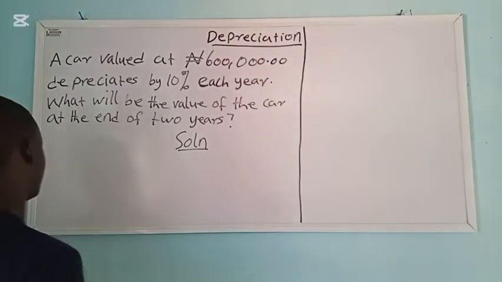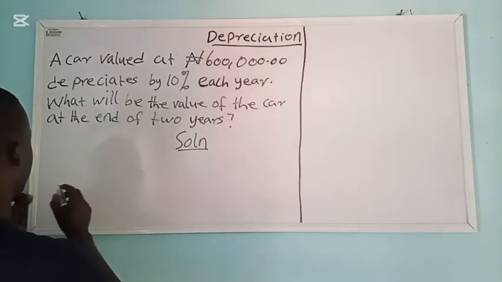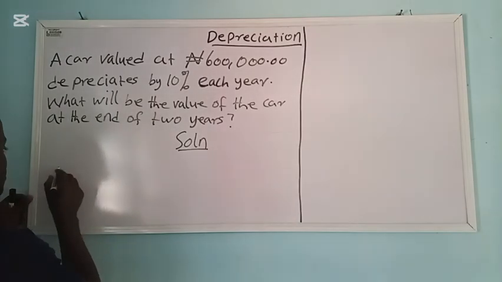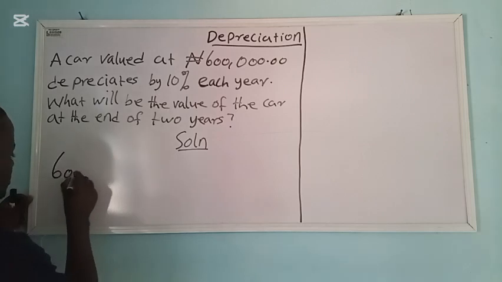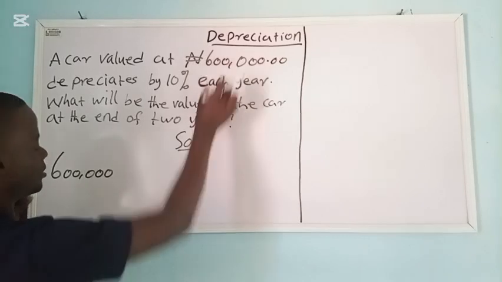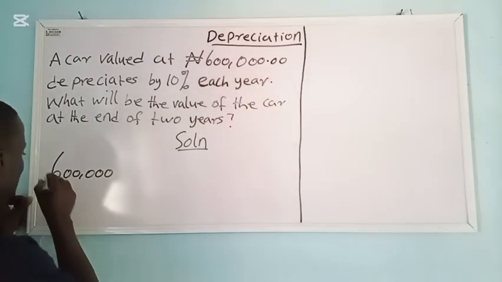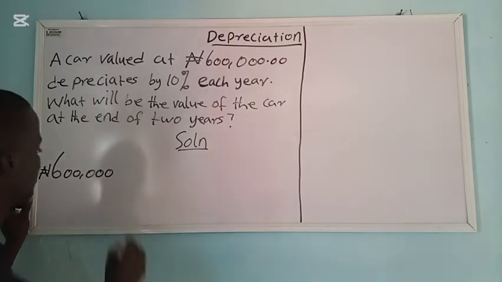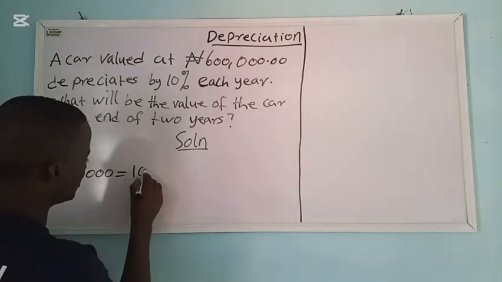So let's continue. So now you have 600,000. That means the initial money, 600,000, is equal to 100%.